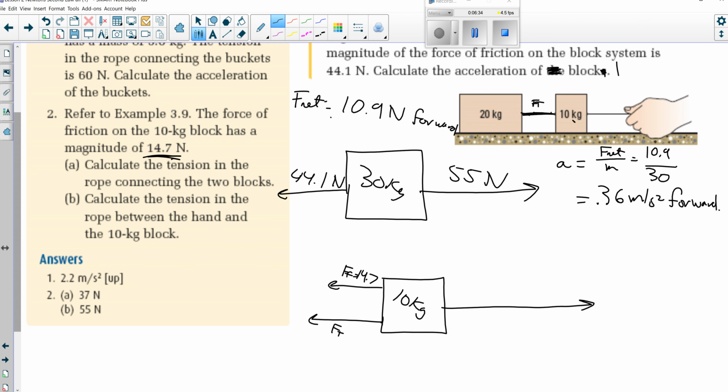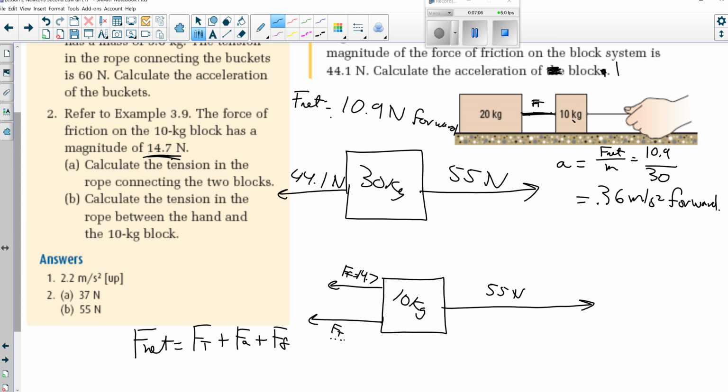Now I'm trying to find this force here. I can't use the vector sum of all forces yet.